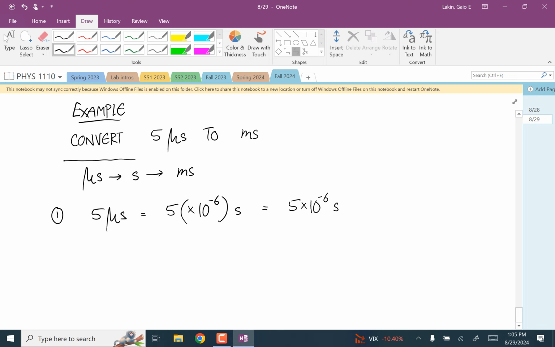Okay. And then the second and last step is I'm going to go from seconds to milliseconds. So I'm going to use the equality that 1 millisecond, based on its definition from the list, is equal to 1 times 10 to the minus third seconds.